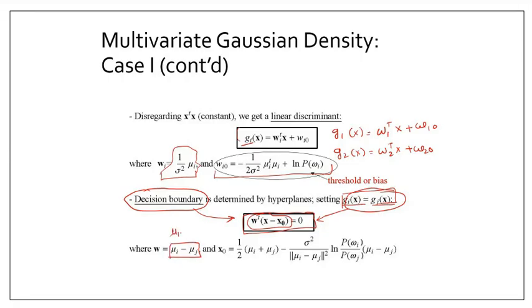So this will be mu1 minus mu2, right? And X0 is given by this quantity. So this will be mu1, mu2, then mu1 minus mu2, like this. So this will be the intercept, or the constant part of your line or plane, and this will be the slope kind of thing.